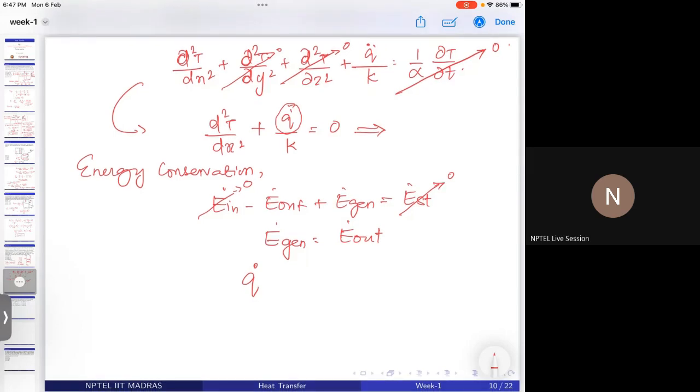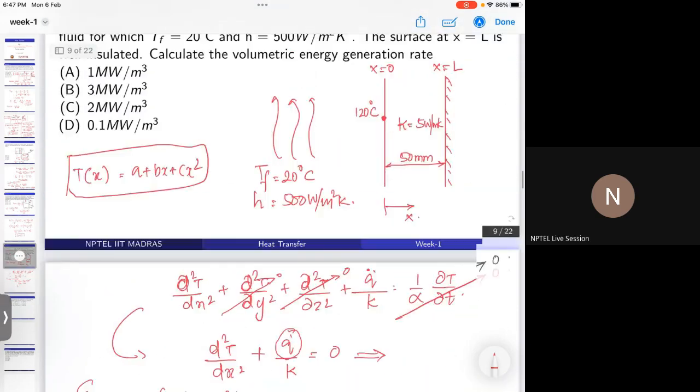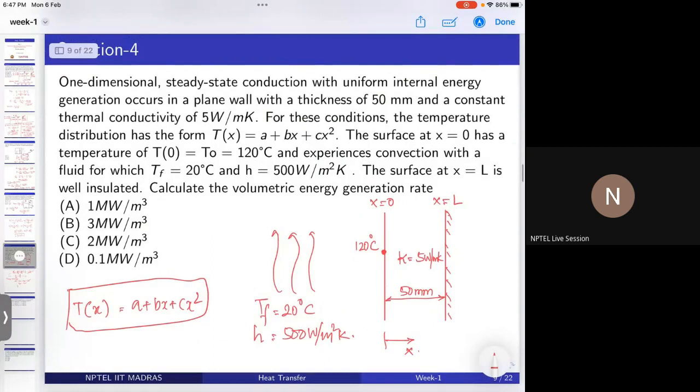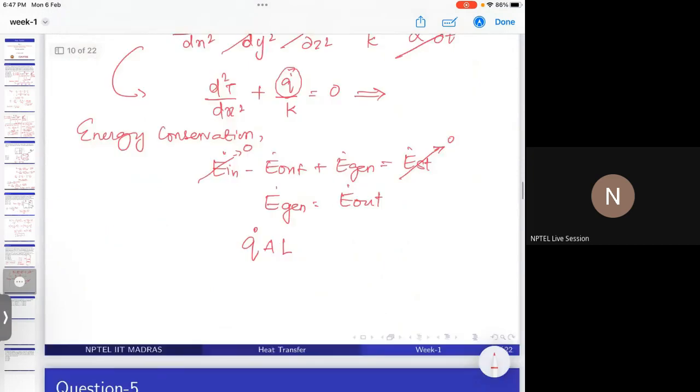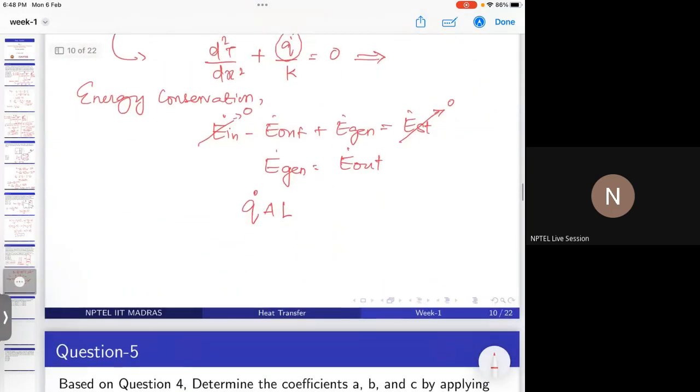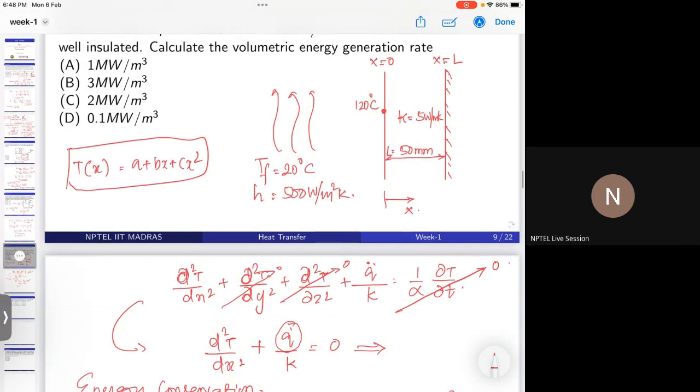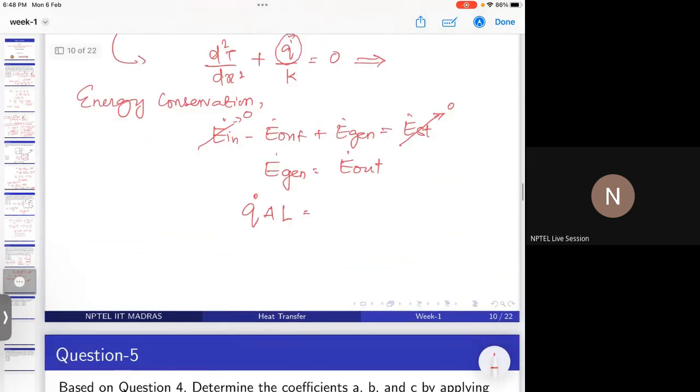In order to convert it to the heat generation, we have to multiply it by the volume. So I am assuming that the area of the slab is A, into the length L, which is already given, is equal to E dot out. At steady state, whatever heat is generated should be convected to the fluid. So that is h A, the heat transfer surface area A, into (T_0 minus T_F).